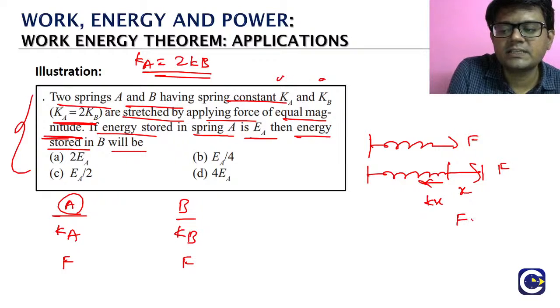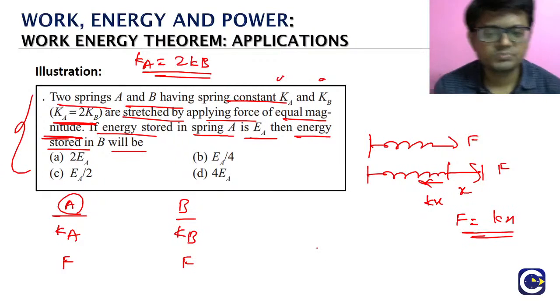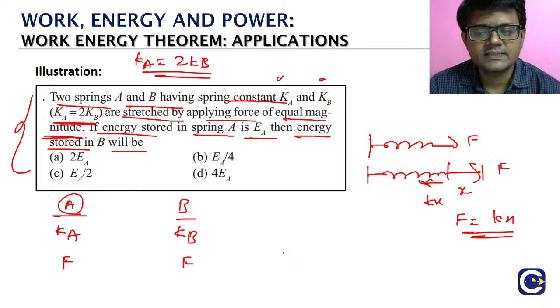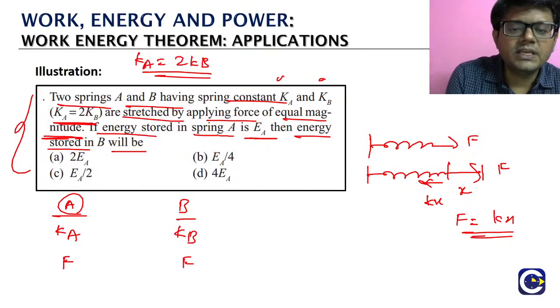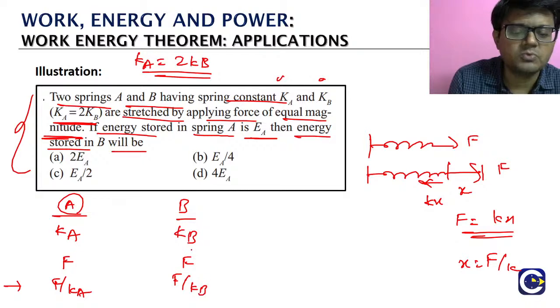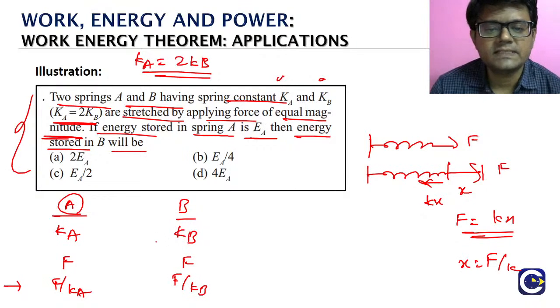What is the relation between them? F is equal to kx. So the x value will be F by k, which means the expansion will be F by Ka for spring A and F by Kb for spring B, because the force is the same in both places.